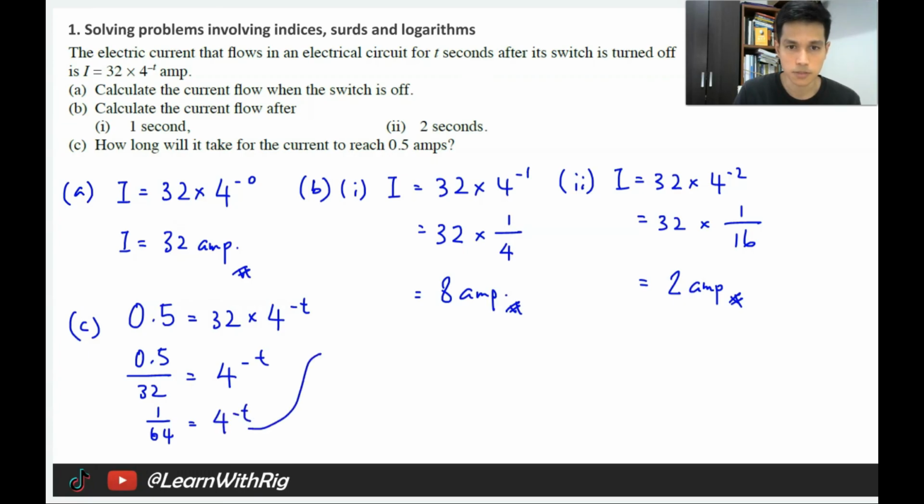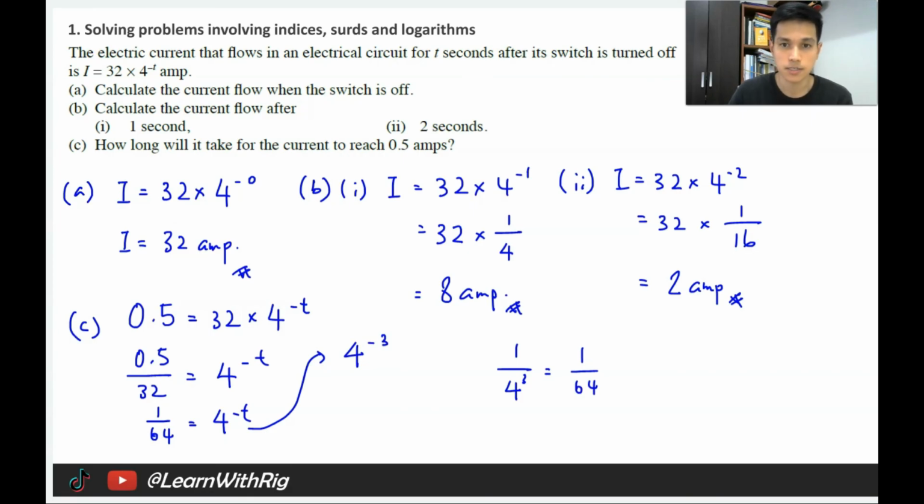I'm going to bring this here first. 1 over 64, I can change it to base 4, correct? So I get 4 power negative 3, because 4 power negative 3 is the same as 1 over 4 cubed, which is 1 over 64.